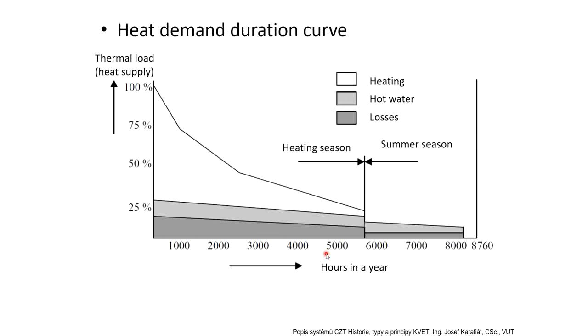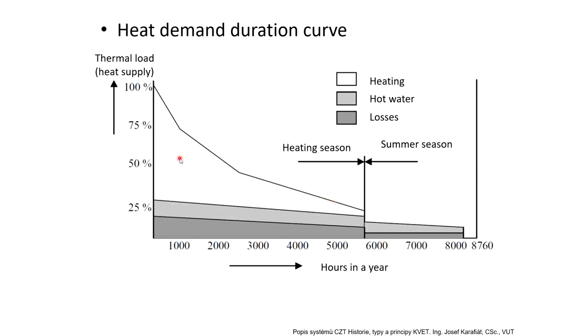Now if we take the required capacity or required thermal power or thermal load in the heat and order it from the highest to lowest, we get a curve that looks somewhat like this.